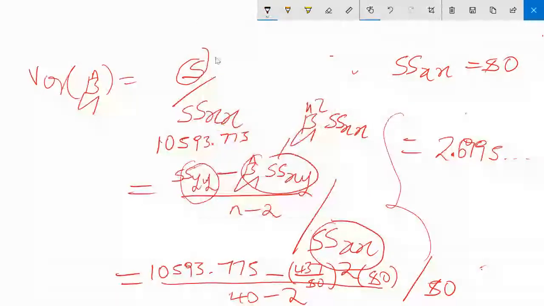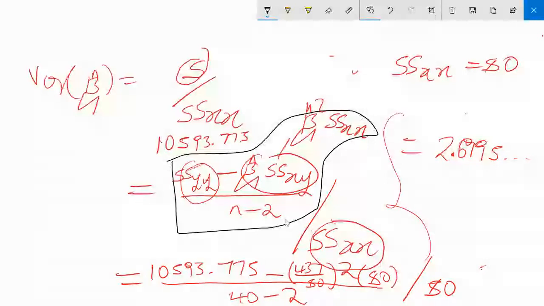Then after finding the value of S, we divide it by SSXX. And someone said it is this, so I'm asking if you are all having this. Yes. Thank you very much.